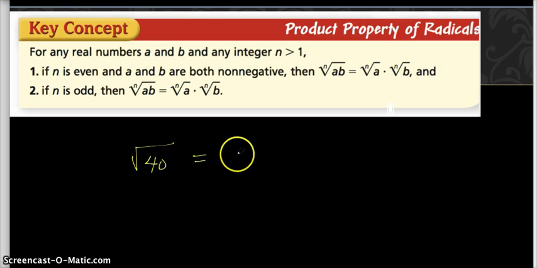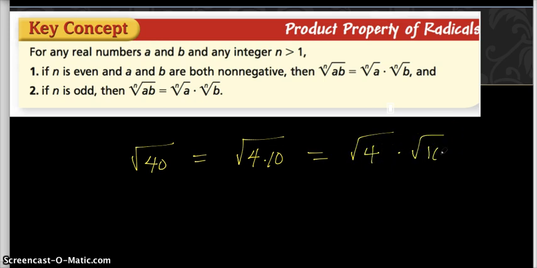What this tells me is that I can look at this as the square root of 4 times the square root of 10, and being able to do this gives me the opportunity to simplify the square root of 40 into square root of 4, which is 2, and the square root of 10 can't be done. And I can say that this is equal to this.